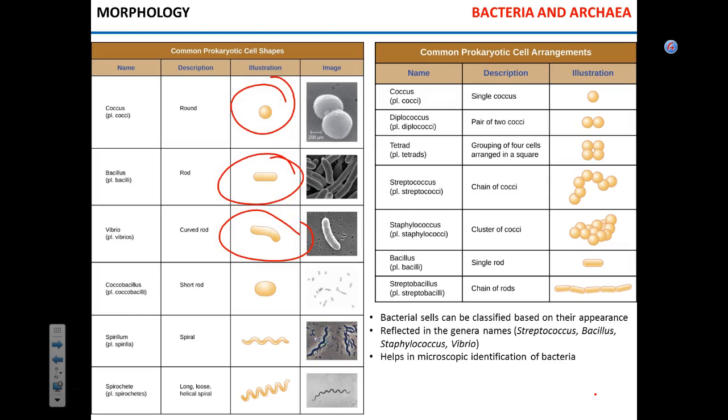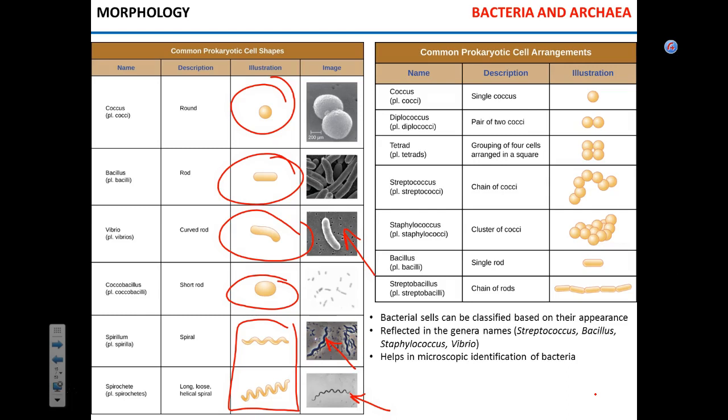And Vibrio cholerae, causative agent of cholera, which is a curved rod. Coccobacillus, sort of in between the rod and the round, okay? And these two spiral-shaped bacteria, Spirillum and Spirochete: Spirillum is shorter and thicker, Spirochete is longer and thinner. That's basically it.